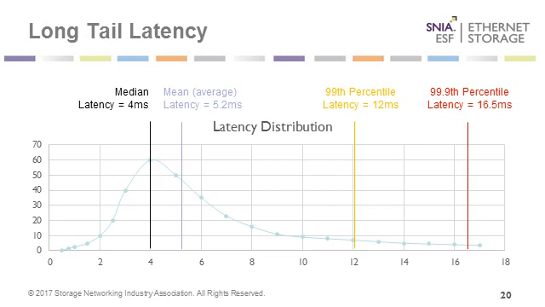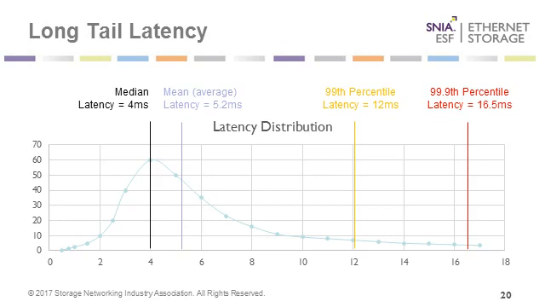A regular statistical distribution curve would be symmetrical on both sides, but this is a long tail curve, which is common in latency. Most of my transactions, my median or most frequent latency, is 4 milliseconds. My average or mean latency is a little over 5 milliseconds. But there's this long tail off to the right of occasional unexpected cases where the latency is very high.